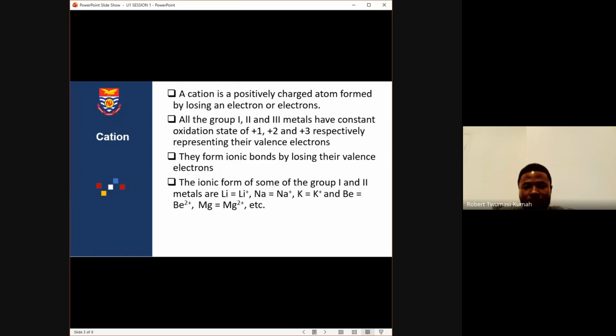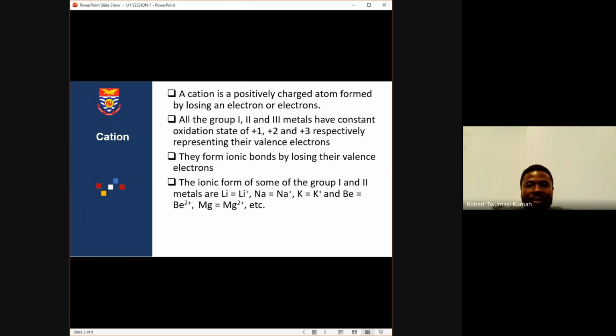it is neutral. If you look at the structure of the atom, we have the protons and neutrons at the core or at the center of the atom, and electrons outside the nucleus. When we talk about the charges of the subatomic particles, we have the protons positively charged, and the electrons negatively charged.